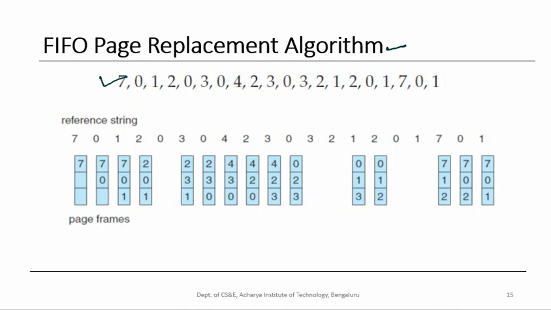Here what we have assumed is that there are 3 page frames in the memory, or 3 frames in the memory which could accommodate pages. Now the first reference is to page number 7, and all the 3 frames are free now. So therefore the page 7 is stored.